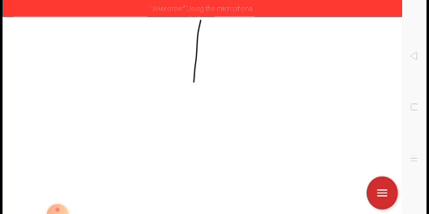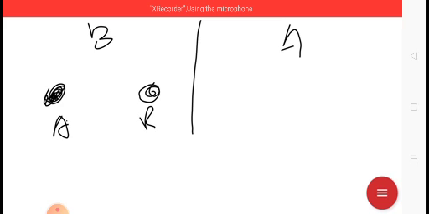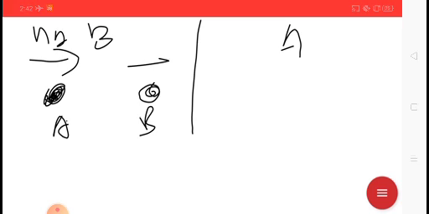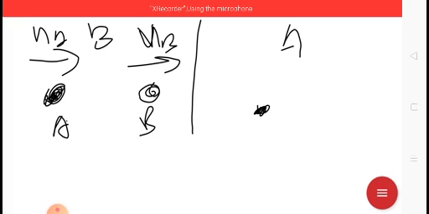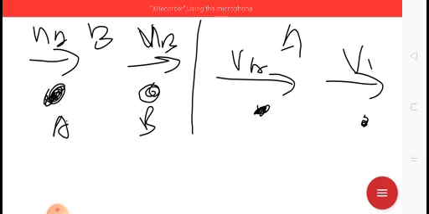So let's say before and after, you have A and B moving in this direction with UA and UB, and after collision, you have them move in this direction with VA and VB.